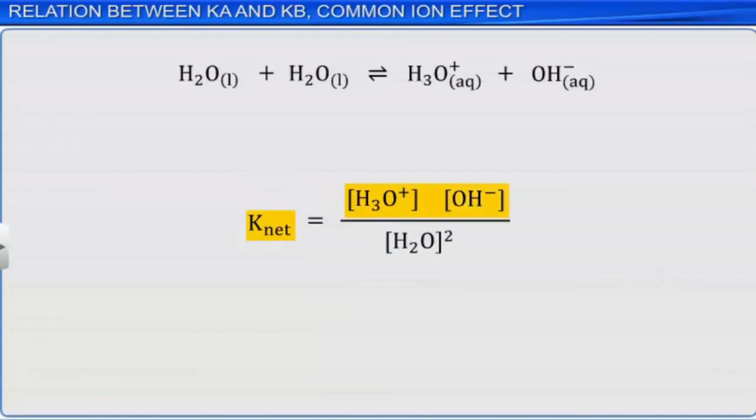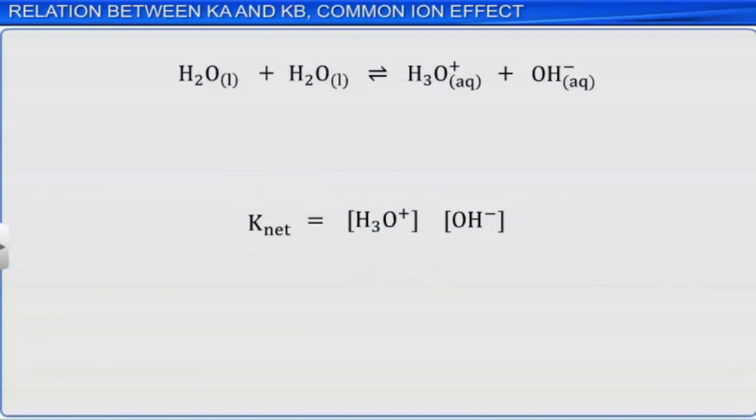As the concentration of water remains almost constant, it can be ignored. Hence, K net is equal to product of the concentrations of H3O plus and OH minus ions.